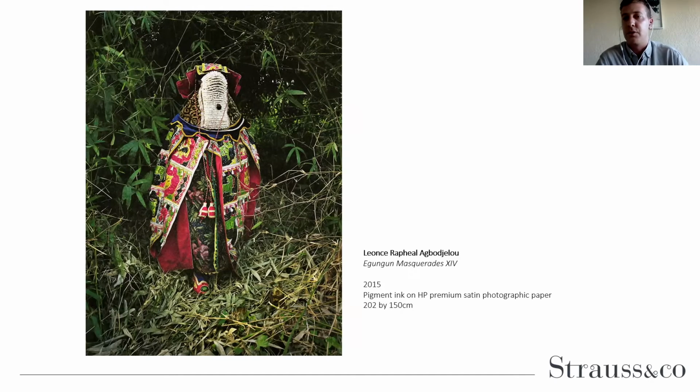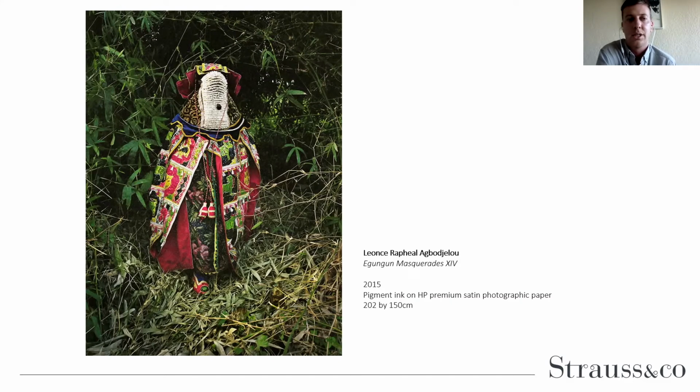For this, it also fitted into the collection because we have work by another Beninese artist called Julien Sinzogan. His work is ink on paper, and it also deals with these masquerades and these ancestors, but as a work on paper. So the link between the two was very important for us. This is also a series of 15 works.